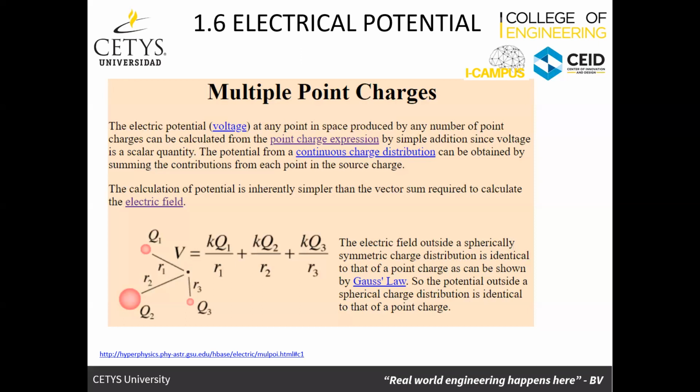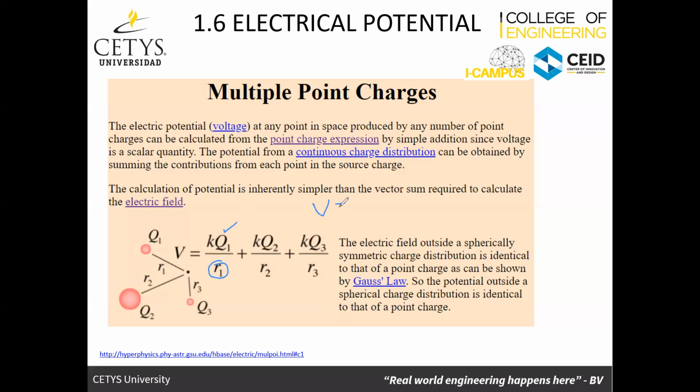So let's do some problems, some examples here. Oh, and we already mentioned as well that the electrical potential is directly proportional to the charge, Q, and inversely proportional to the distance.